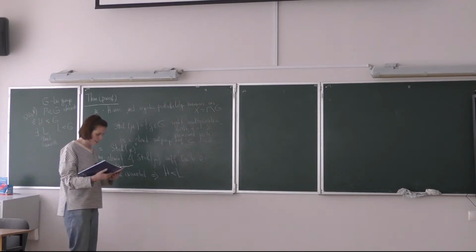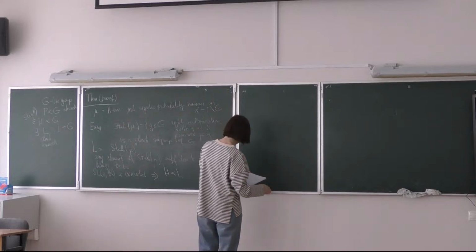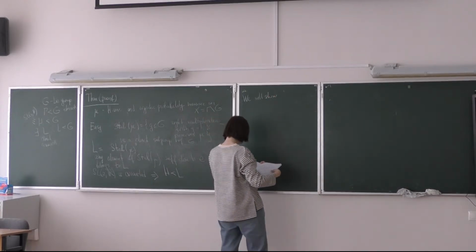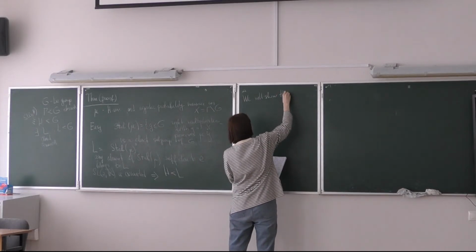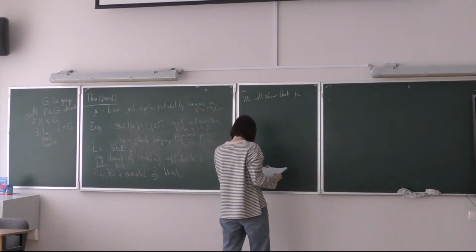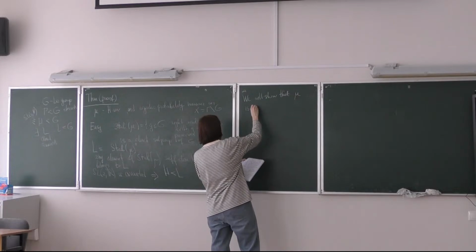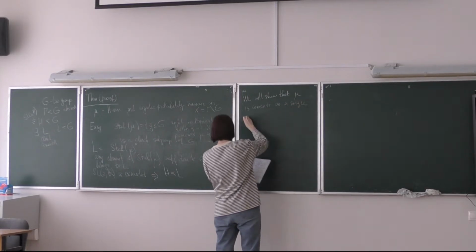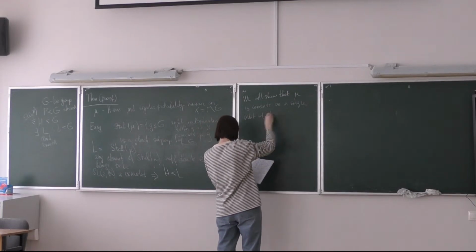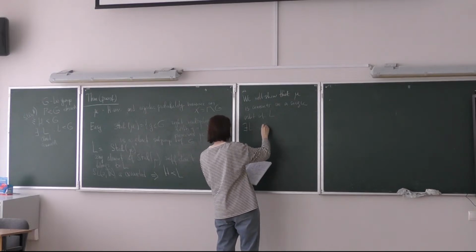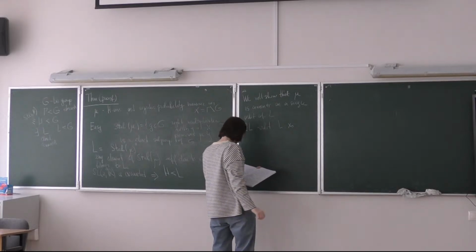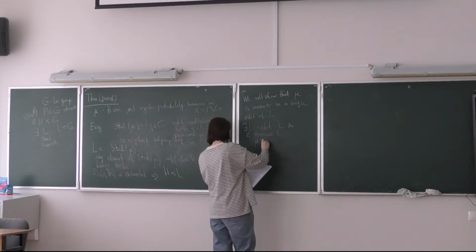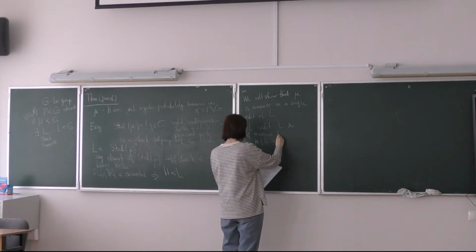Now let's continue. So we need to show the following things. That mu is concentrated on a single orbit of L. So we need to show that there exists an L orbit of some point, you remember it was in the statement, Lx0, of measure 1, in the sense that mu of Lx0 is equal to 1.